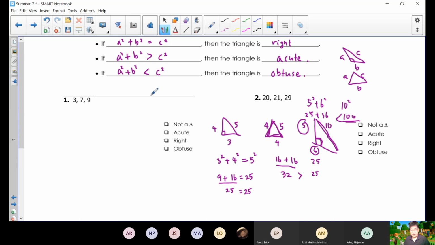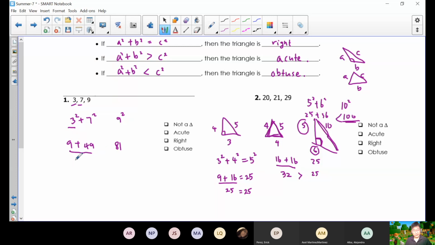So for that reason, now we have 3, 7, 9. We know the two small lines are legs, right? 3 squared, 7 squared, and how about 9 squared? Now let's do this one. 3 squared is 9. 7 squared is 49. 9 squared is 81.